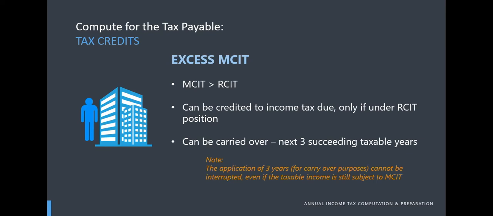If, for example, it is MCIT currently, and then the following year MCIT pa rin, then MCIT pa rin on the third year, the running of the 3 years of the carryover is not interrupted. So, mag-expire pa rin siya on the third year.